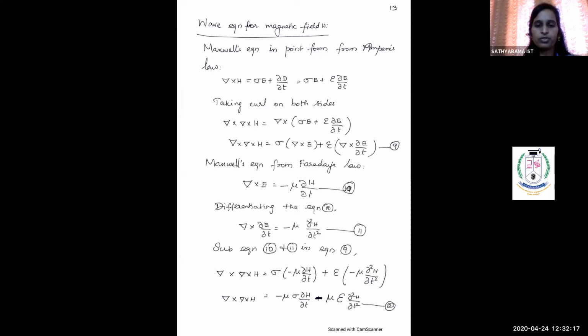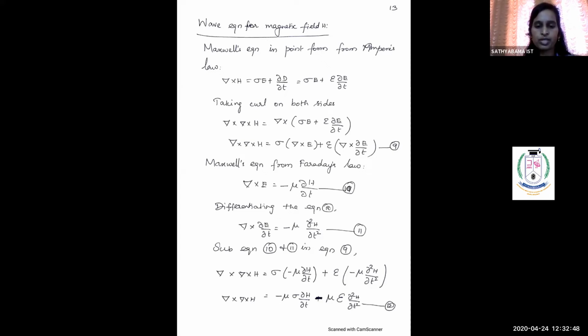Now we are going to take equations number 10 and 11, that is del cross E and del cross dou E by dou T, and substitute these two in equation number 9. What we have in equation number 9 is del cross H is equal to sigma into del cross E plus epsilon into del cross dou E by dou T. In the place of del cross E and del cross dou E by dou T, we are going to substitute here.